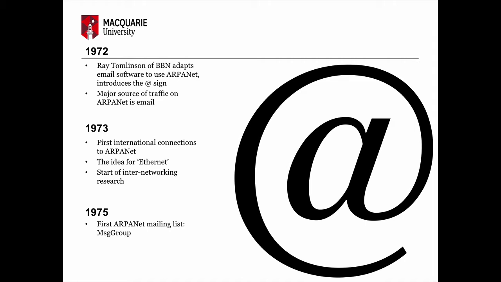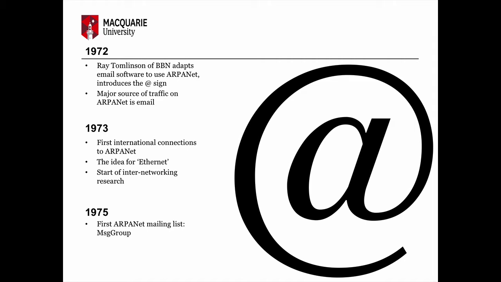And you had to work out who an email message was going to go to. So this chap called Ray Tomlinson from BBN Labs, one of the private contractors in this network, suggests that they use the @ sign as part of an email address, so name of a person at a particular machine. Now remember, there weren't very many machines on the network at this time, so the number of things on the right hand side of the @ was fairly small, but that was used first in 1972.